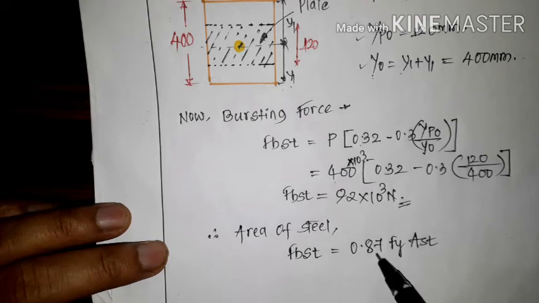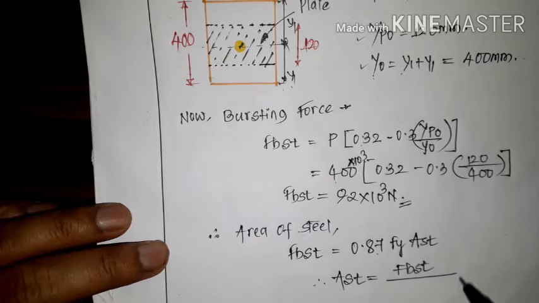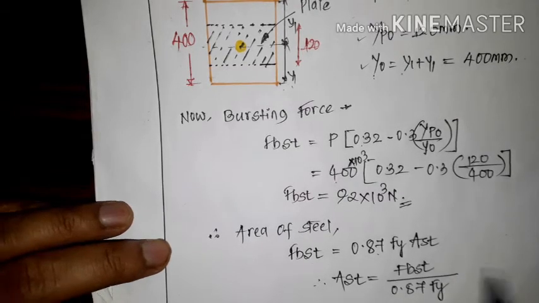Therefore AST is equal to FBST divided by 0.87 Fy.